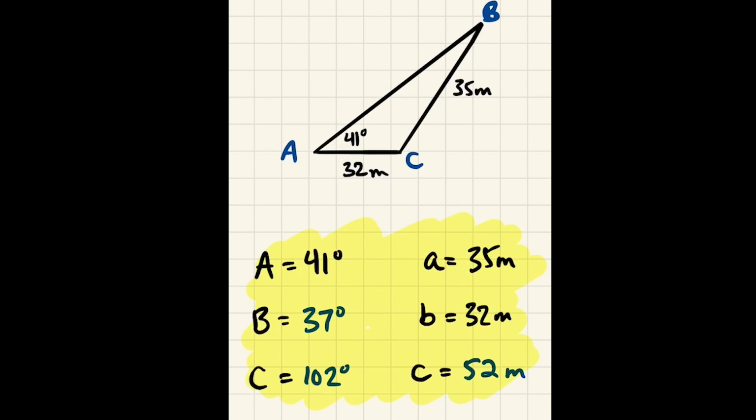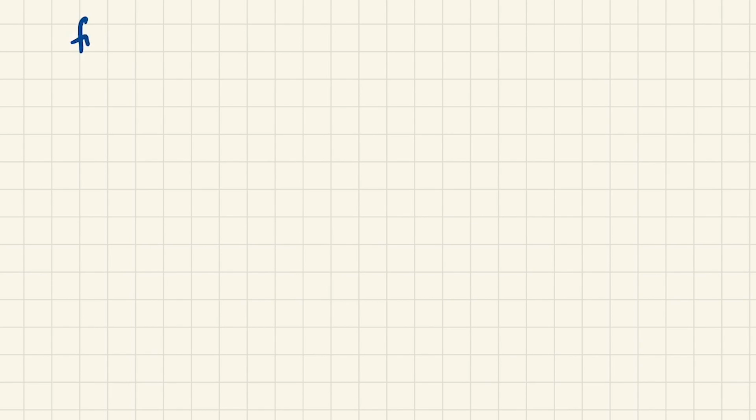We are also asked to find its area. So again, we can use any two sides and then the angle between those sides. Since we were given A and B, let's use A and B, and we'll use angle C. So we're minimizing the number of values that we had calculated at this point.